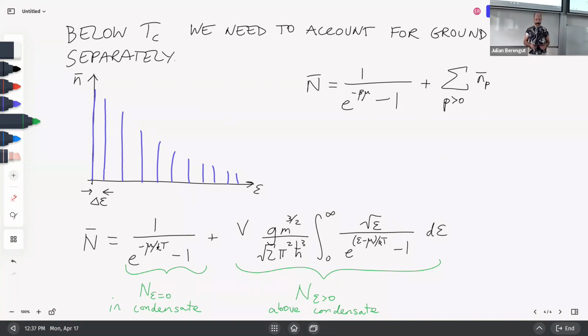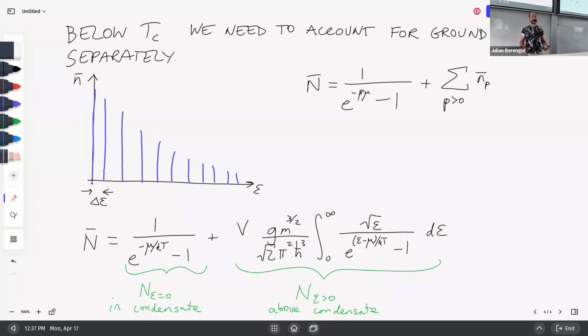Different story entirely. Okay, so this is the way that you solve our little problem. We've pulled out this ground state separately. Remember, at a big temperature, the number that are here, whatever it is, is irrelevant to statistical physics because we're talking about big numbers of particles. If there's 1 or 0 in the ground state or 20 in the ground state, it doesn't matter.